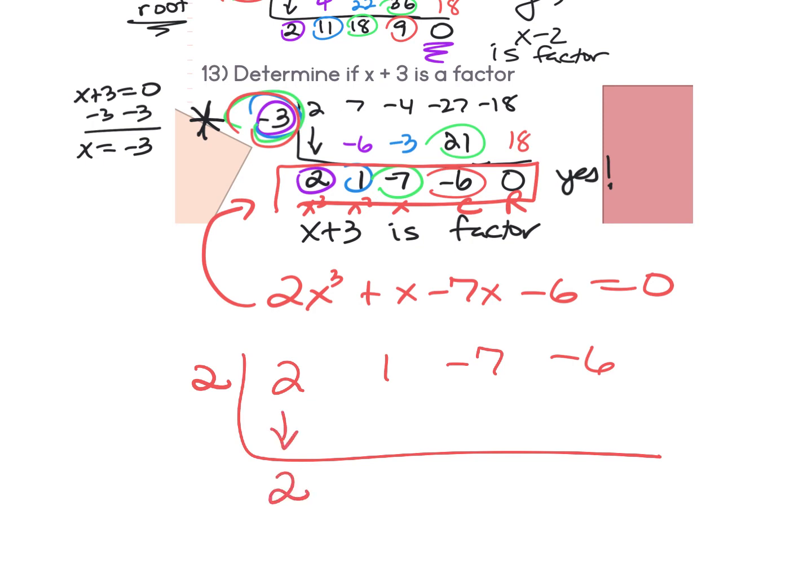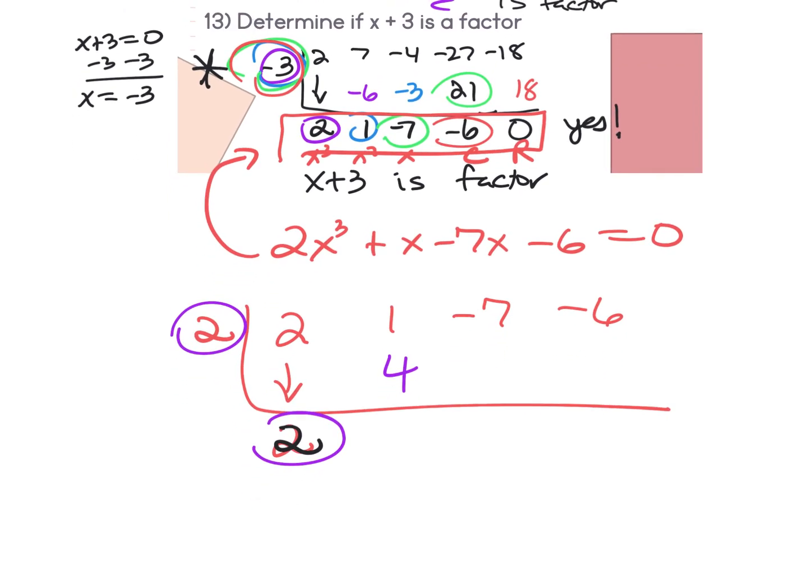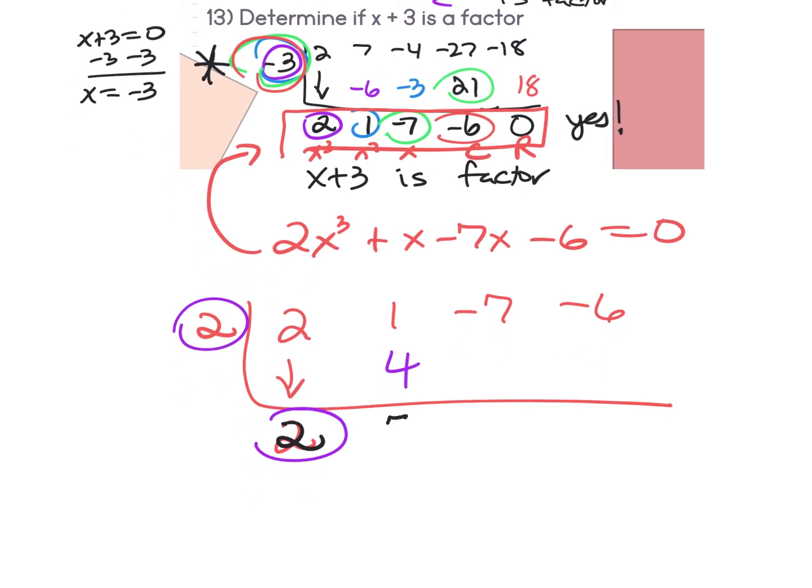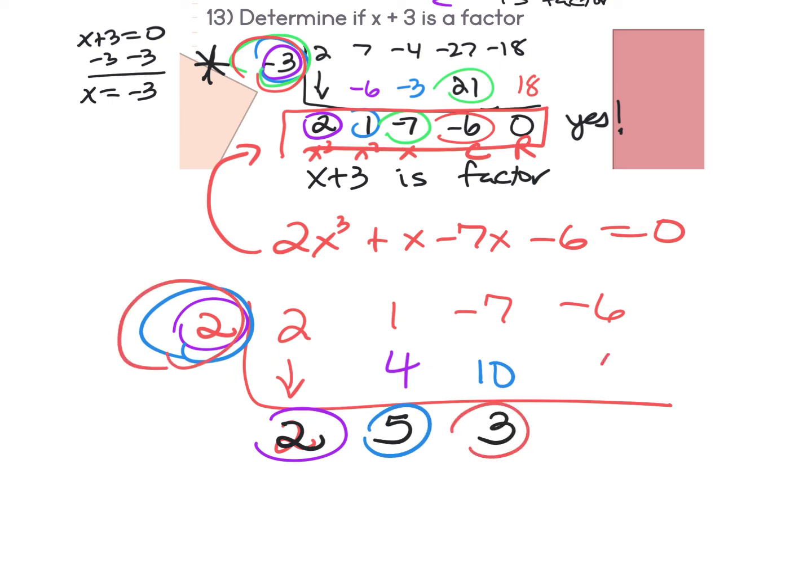So now I'm going to do a synthetic division with that answer. Bring down. Multiply. Add the column. Multiply again. Add the column. Multiply again. And I get a remainder of 0 again.